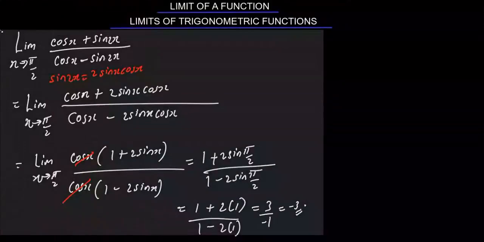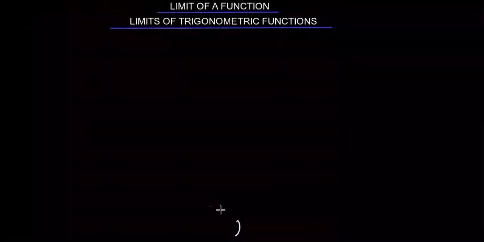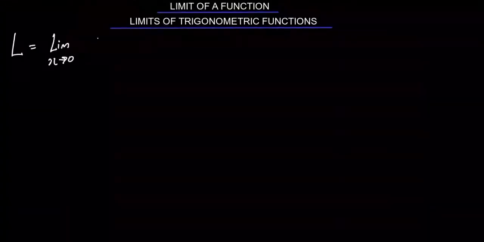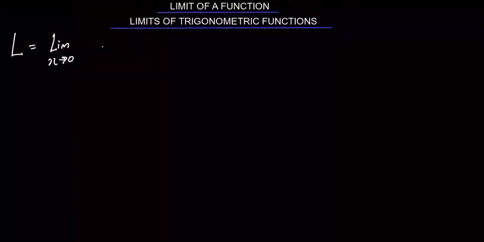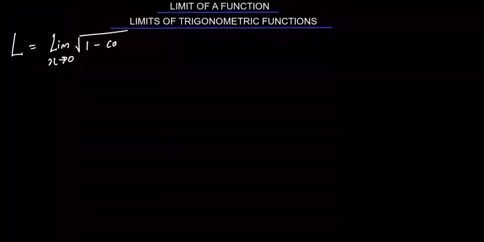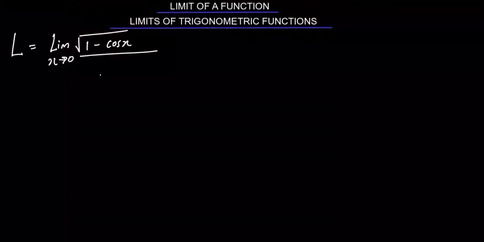Let's look at another problem. If I ask you to evaluate L equal to the limit as x tends to 0 of square root of 1 minus cos x over x.